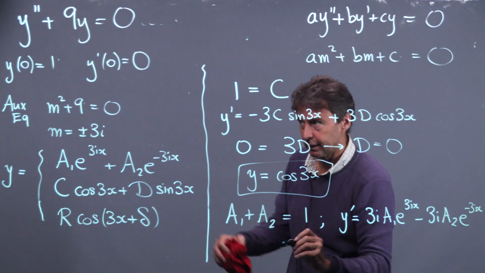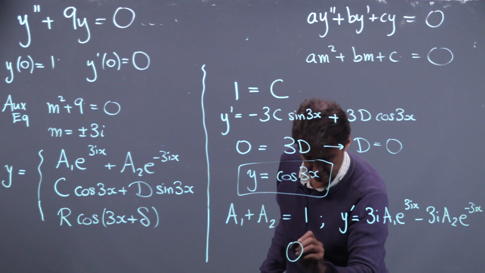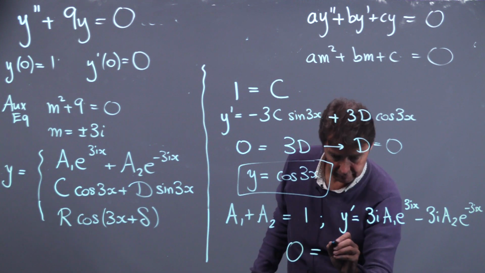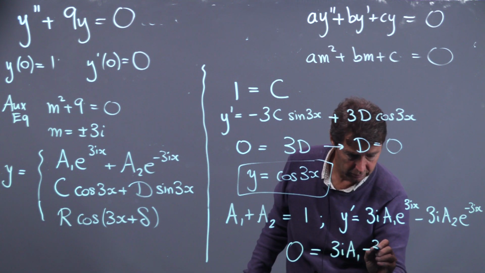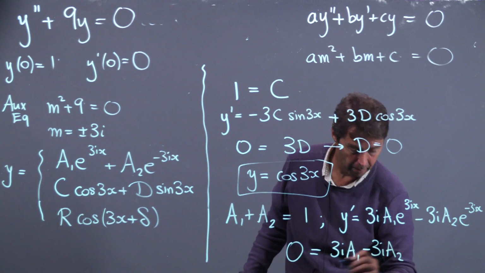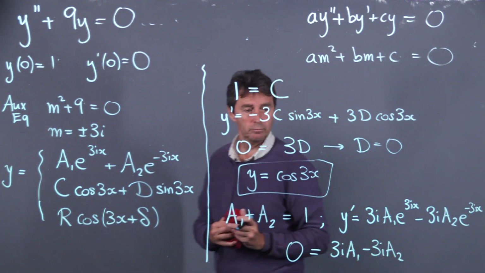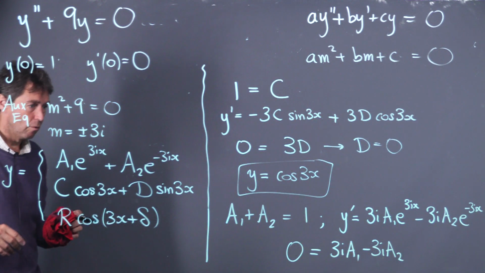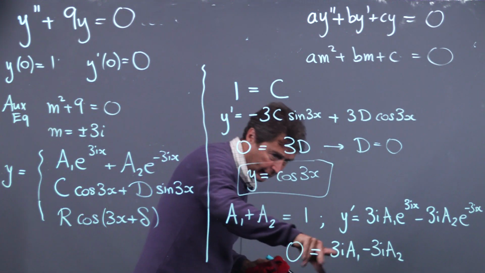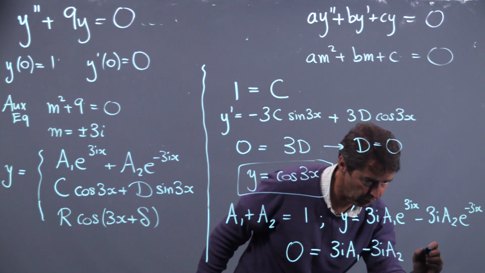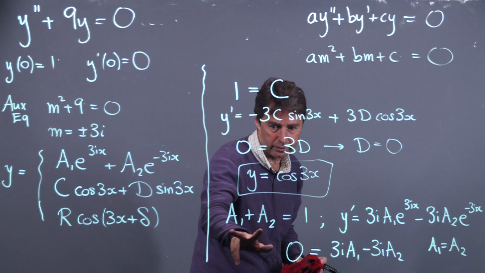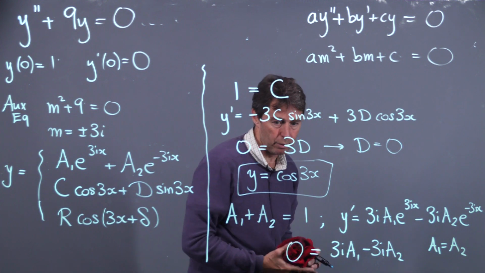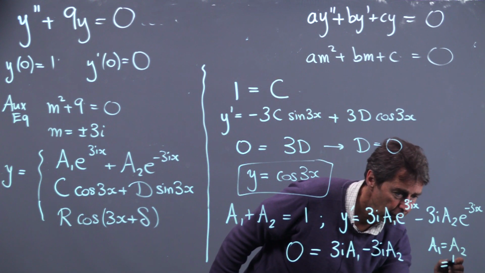Putting x equal to 0 and setting the answer to 0 gives me 0 is 3i a1 minus 3i a2. Now, at this point, I can cancel off 3i, and I find that a1 is equal to a2. And if a1 is equal to a2, that means they both have to equal a half. So that's the algebra.